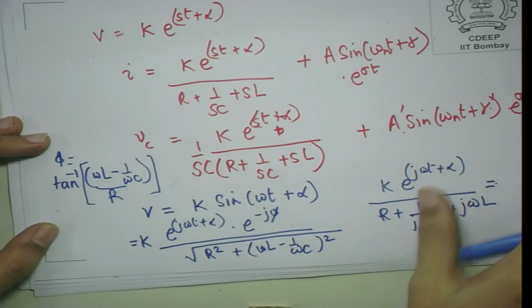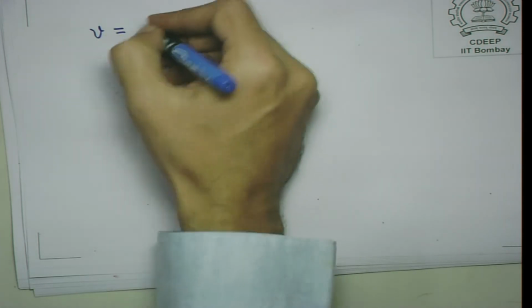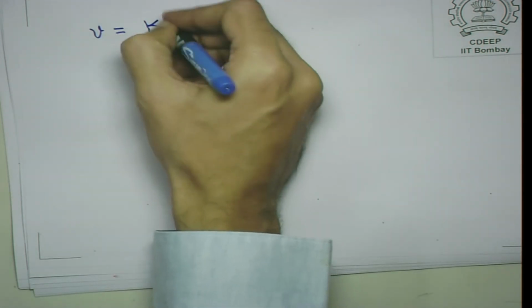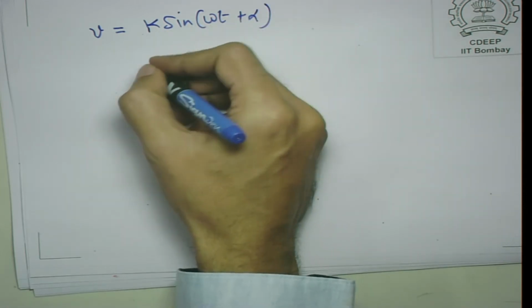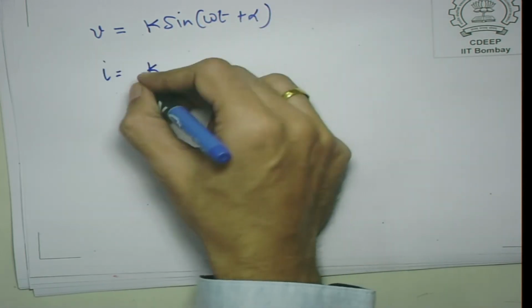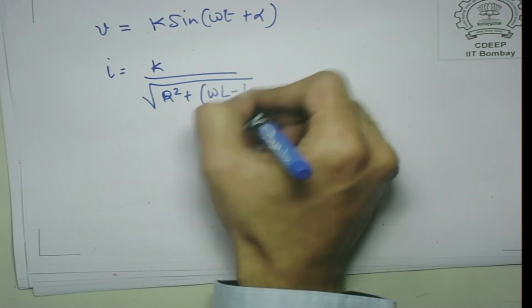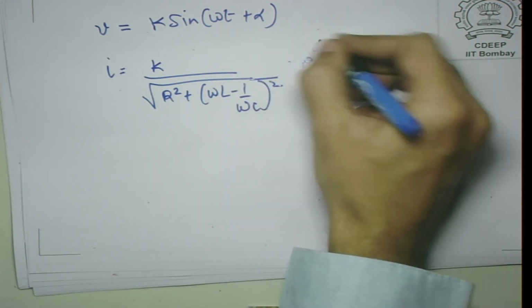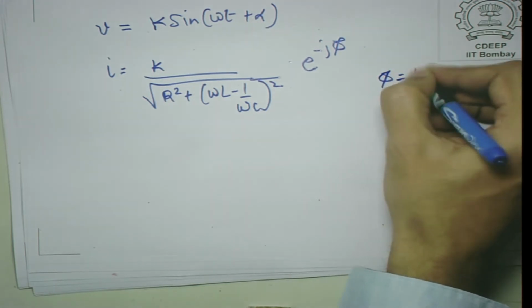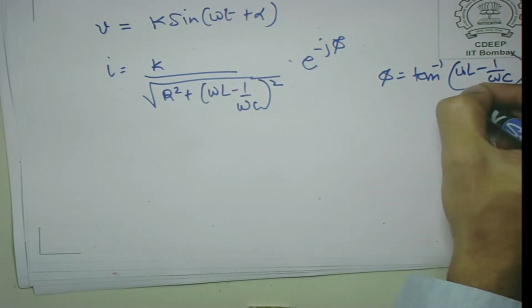So, if you give a sinusoidal input, which is V is equal to k sin omega t plus alpha, the current response will be k upon root of r square plus omega L minus 1 upon omega c square, where phi is equal to tan inverse omega L minus 1 upon omega c divided by r.